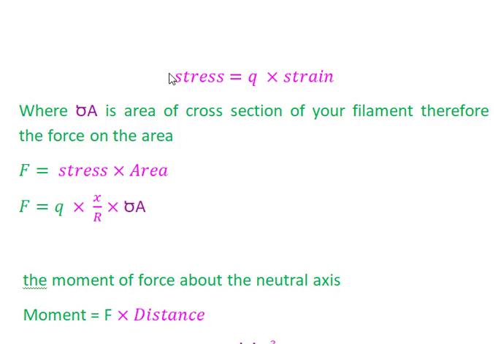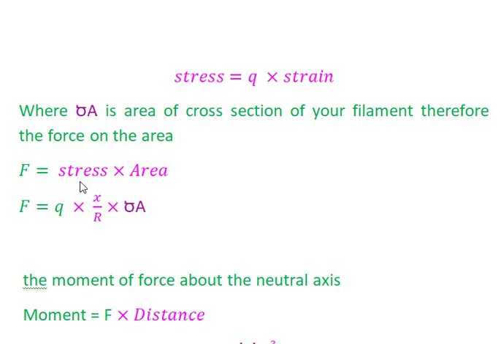Now we include the area, where del A is the area of cross section of the filament. The force on this area del A is given by stress into area. Already stress is equal to force by area, so force is equal to stress into area.